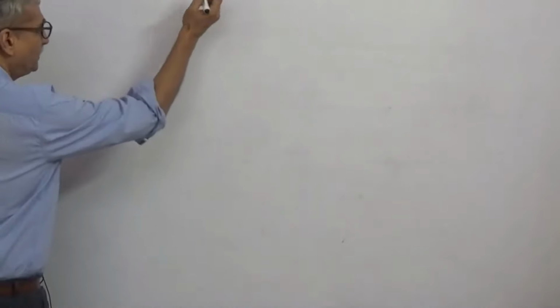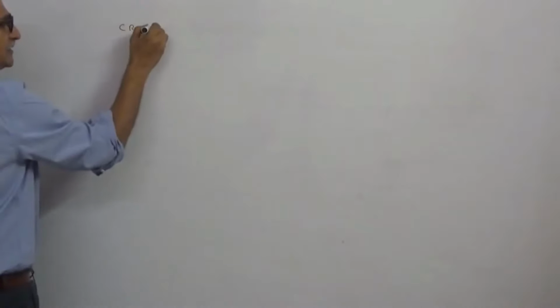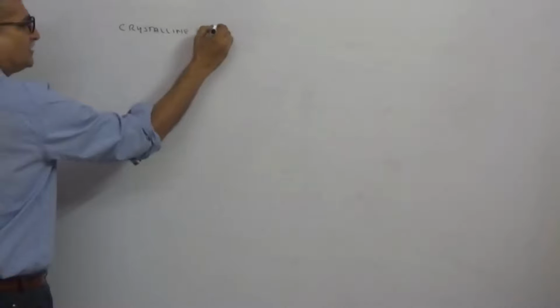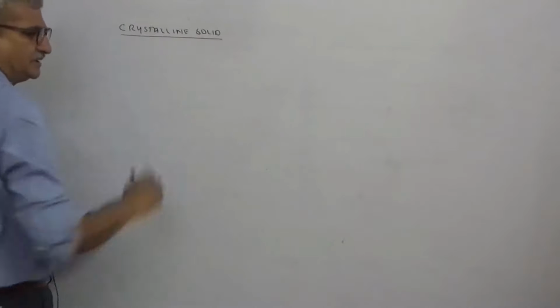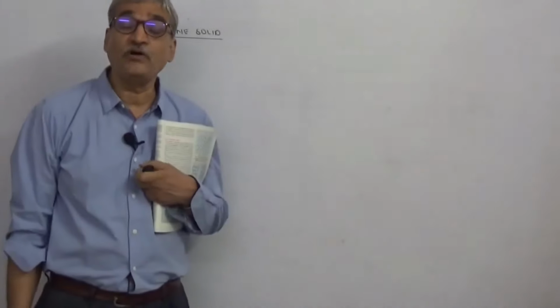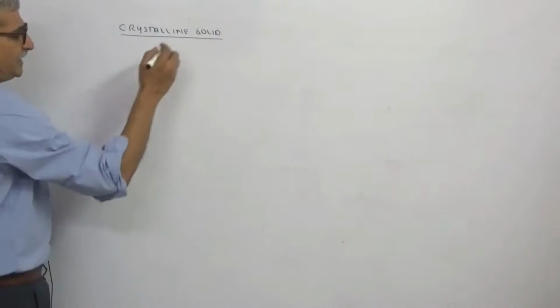So there are two definitions that we have studied for crystalline solids. We are still on crystalline solids. The definition of crystalline solid is already discussed. They have a regular geometrical arrangement of atoms, ions or molecules. What the regular geometrical arrangement is, is the study of this chapter, which will come in future. So there are two properties.